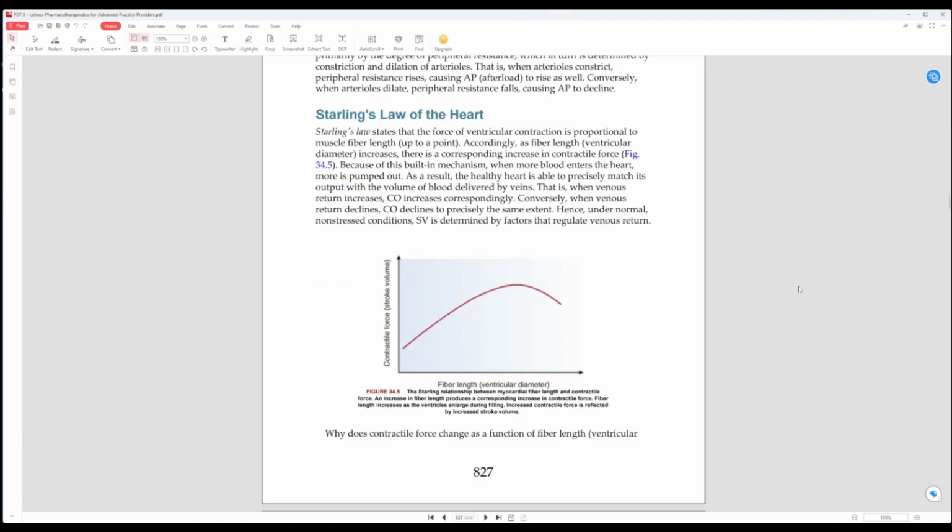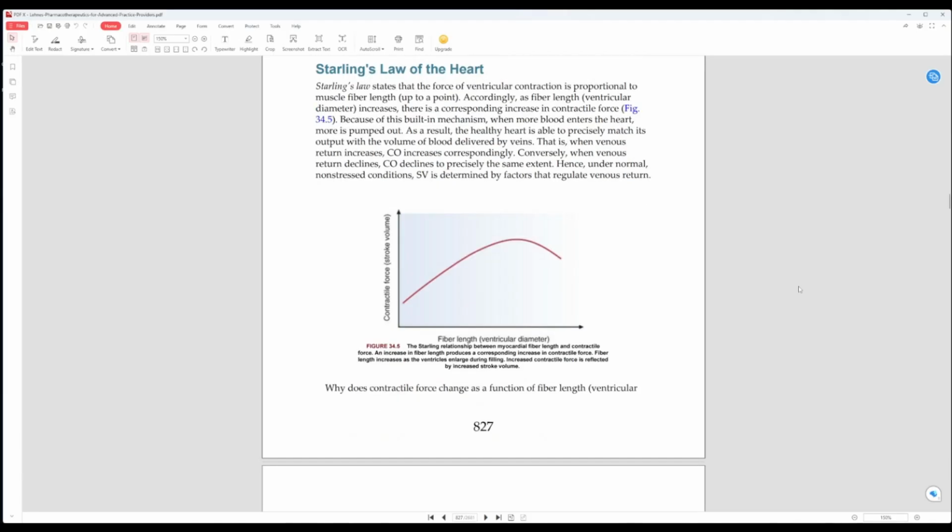Which brings us to Starling's law of the heart. Starling's law states that the force of ventricular contraction is proportional to muscle fiber length up to a certain point. Accordingly, as fiber length or ventricular diameter increases, there is a corresponding increase in contractile force. Because of this built-in mechanism, when more blood enters the heart, more is pumped out.